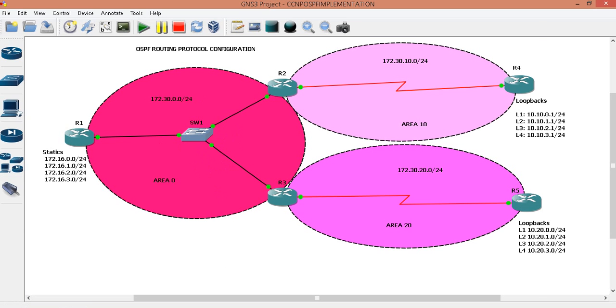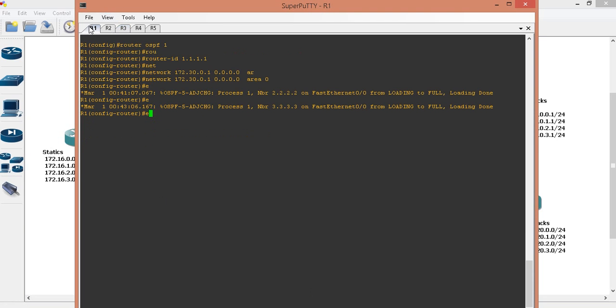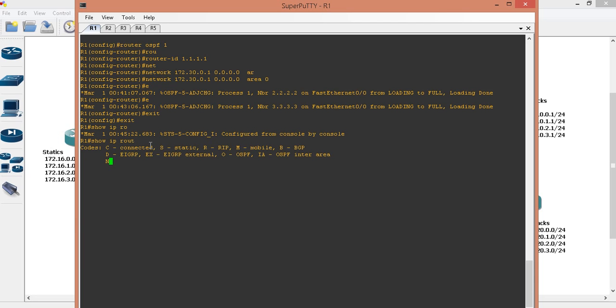So let's confirm that on router 1. Show ip route, and check the routes in this routing table.